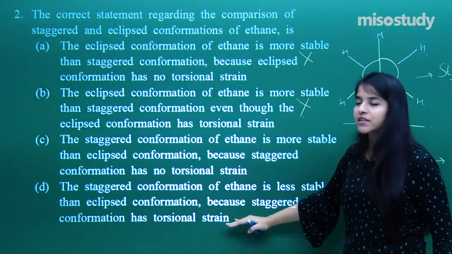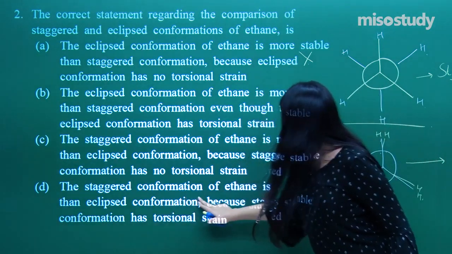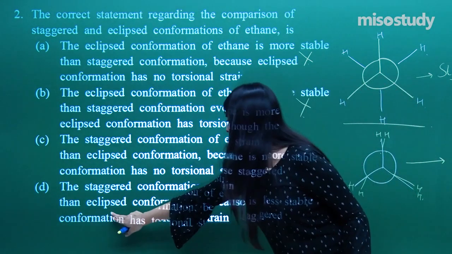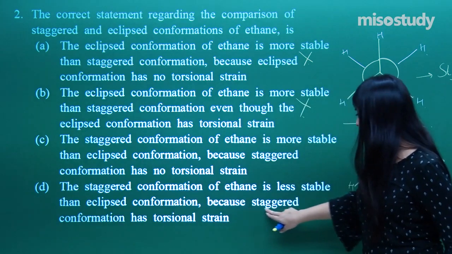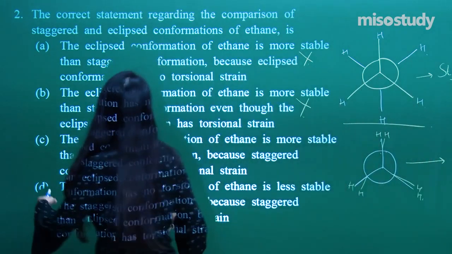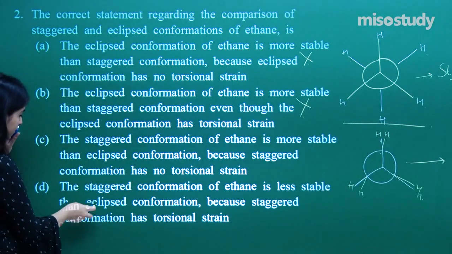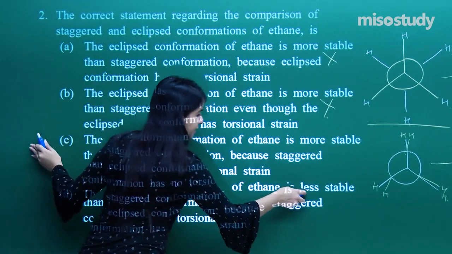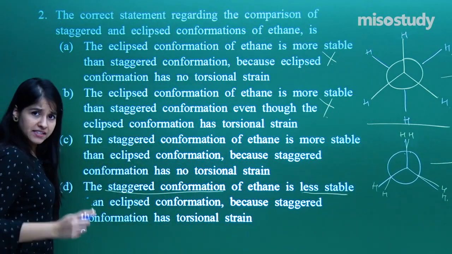Let us have another option as well. The staggered conformation of ethane is less stable than the eclipsed conformation. Is it?